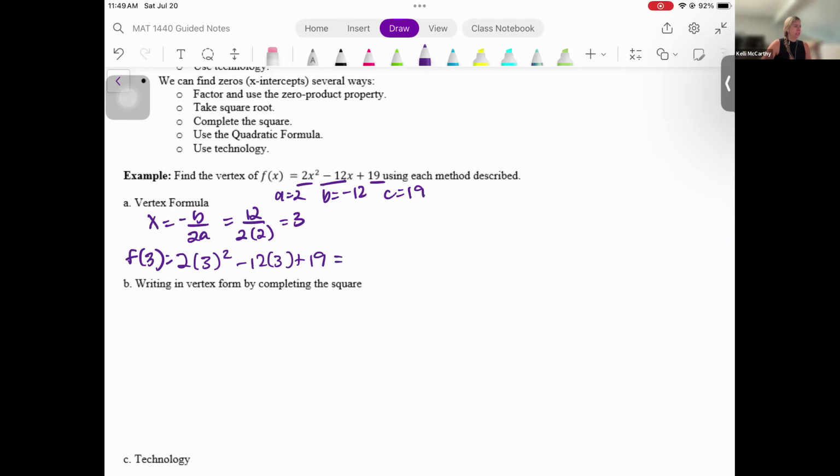Now you can type this into your calculator, or you can simplify before adding the terms in your calculator. 2 times 3 squared is the same as 2 times 9, or 18. Minus 12 times 3 is 36, plus 19. When we combine these, we get 1. So our vertex is the point (3, 1).